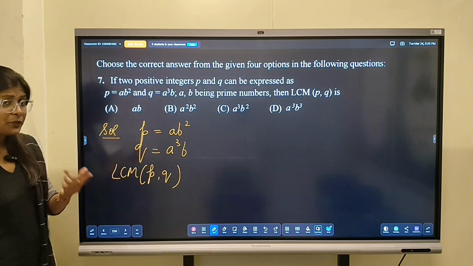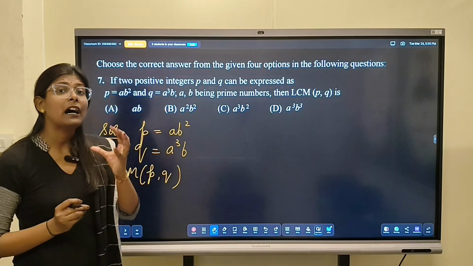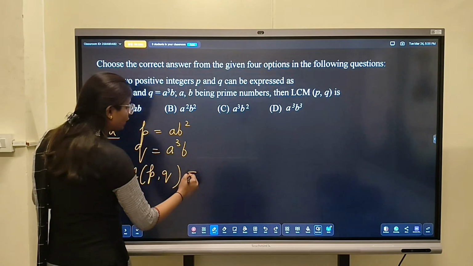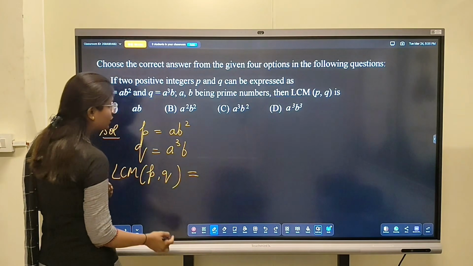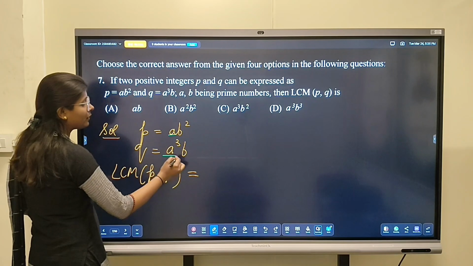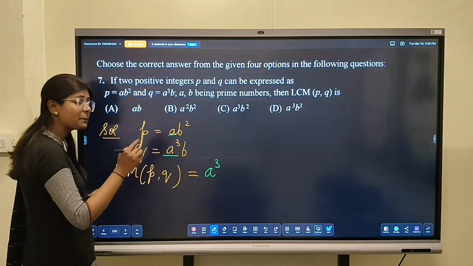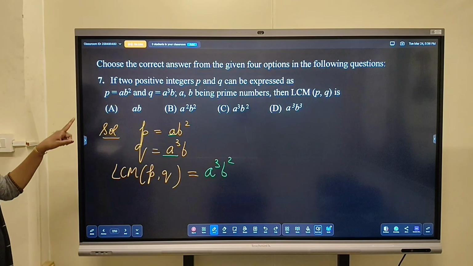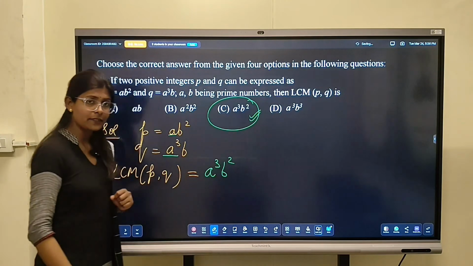Okay, I told you in the previous question, when you are taking the LCM, take the highest common power available. So, if you focus, you will find that in p and q, the highest power of a would be a q and the highest power of b would be b square. Right? So, can you see the option? Yes, that is option number C, and this will be your correct answer.